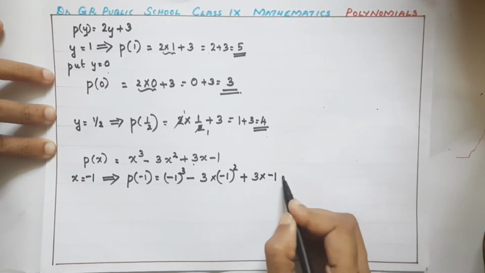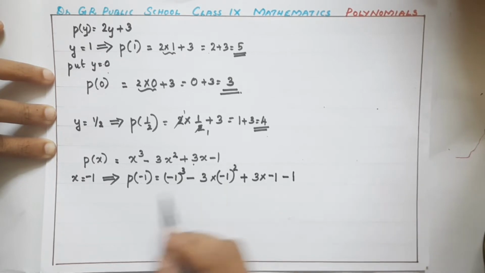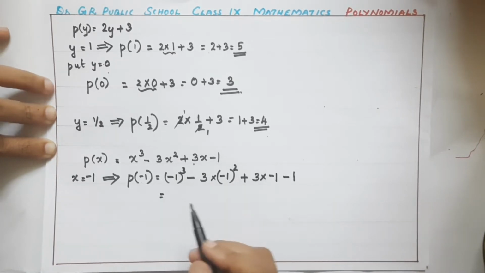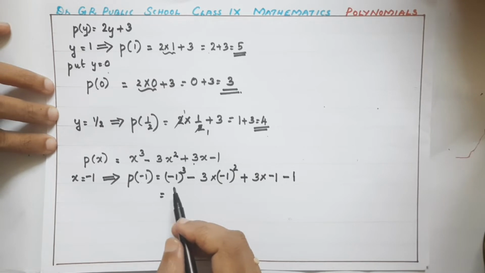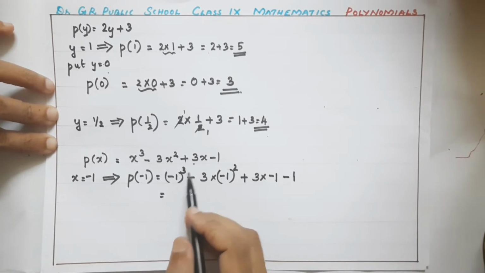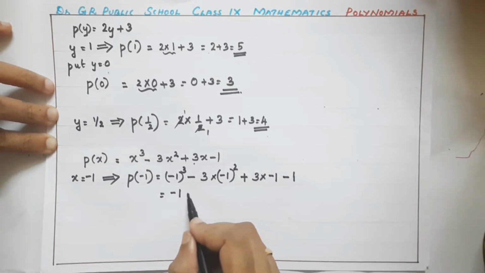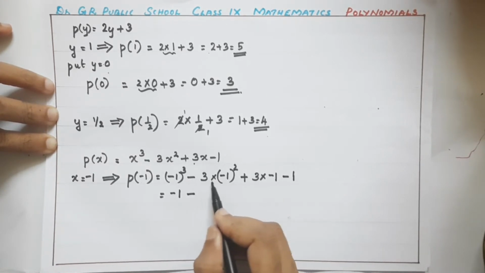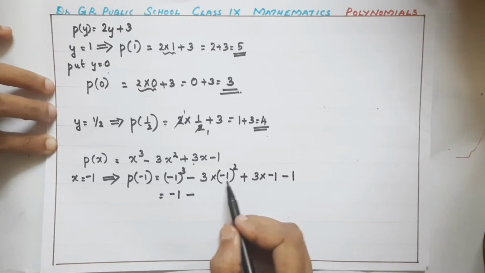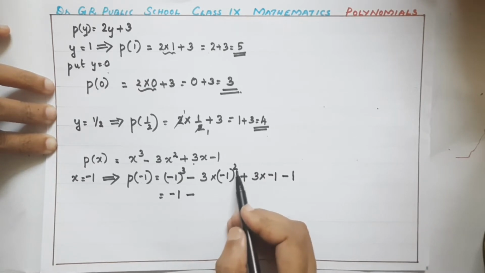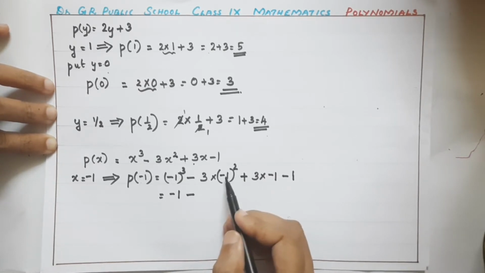Minus 1. Then minus 1. Okay. So what is minus 1 the whole cube? Minus 1 into minus 1 into minus 1. That is minus 1. Then minus 3 multiplied by minus 1 the whole square, which is minus 1 into minus 1.